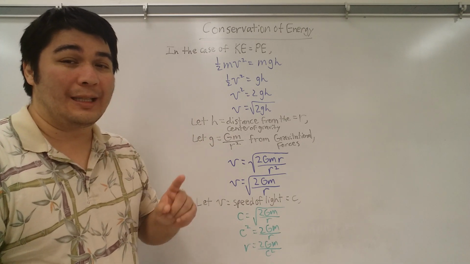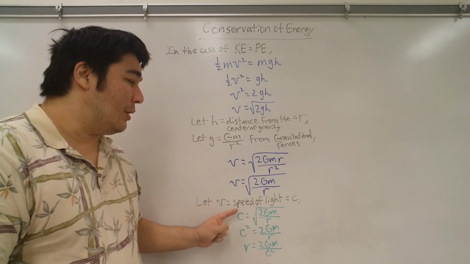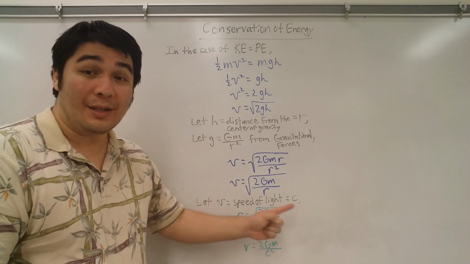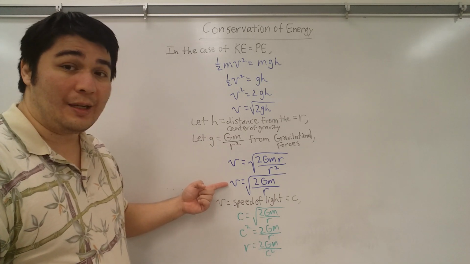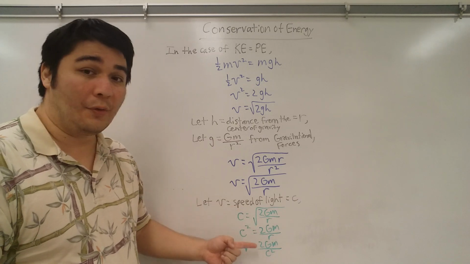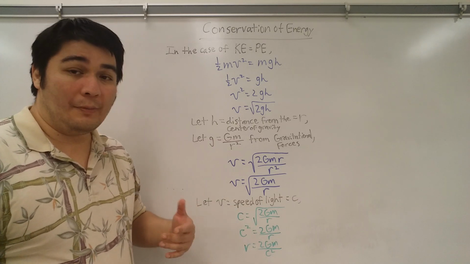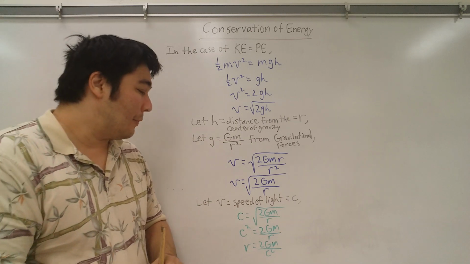Now we're going to assume that the escape velocity is the speed of light, c. So if that's the case, then I substitute c for v in here, and I get c equals the square root of 2GM over r, which I'm now going to try and solve for r, and you'll see why in a little bit.